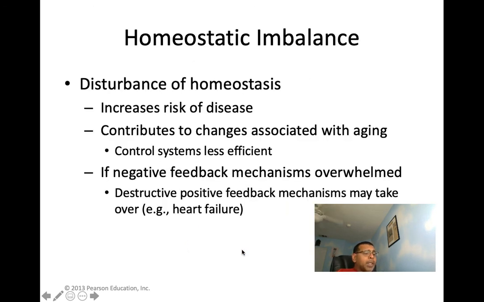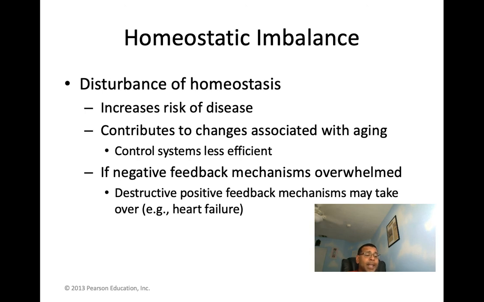Now, homeostatic imbalances are going to take place when homeostasis is not achieved. Homeostasis is so important that most diseases can be regarded as a result of its disturbance, a condition we call homeostatic imbalance.